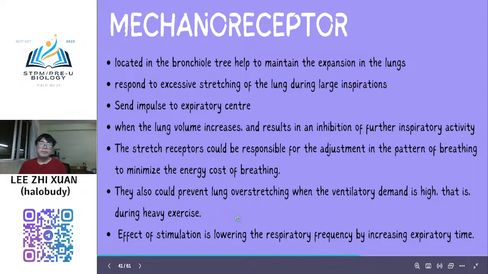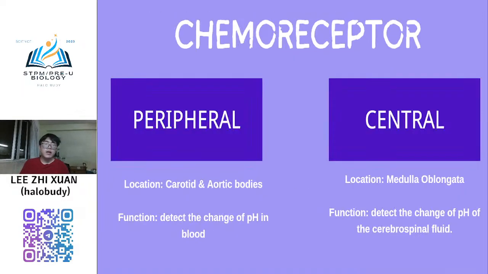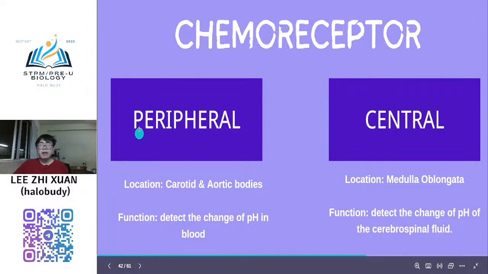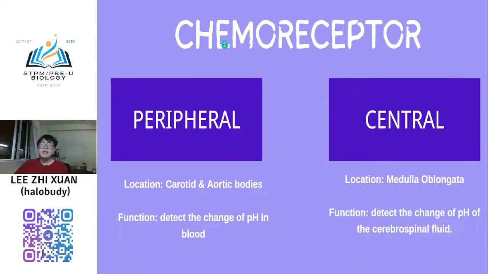Okay. So another receptor is chemoreceptor. So you see this chemo meaning dia akan kelipat dengan chemical substance. It is the receptor that monitors the chemical substance one. And then there are two types of chemoreceptor, peripheral and central.